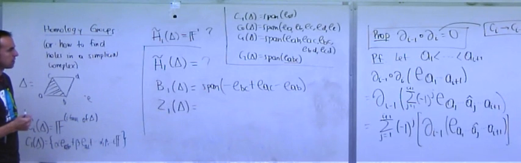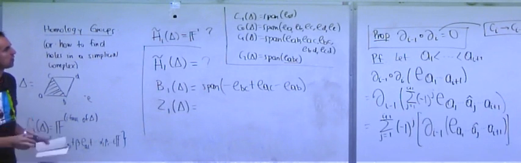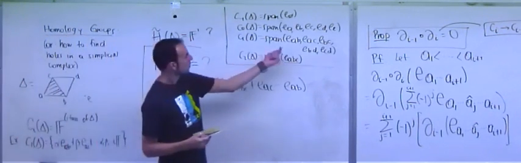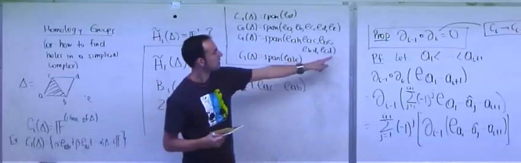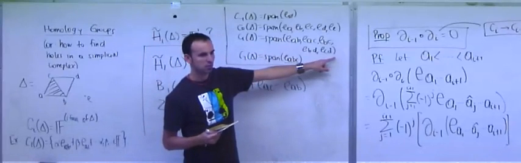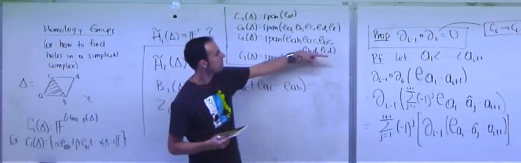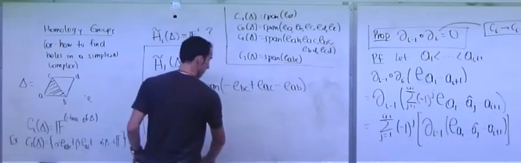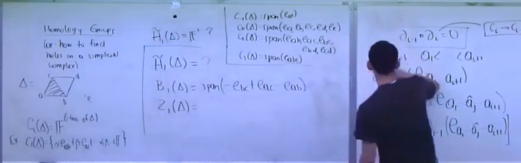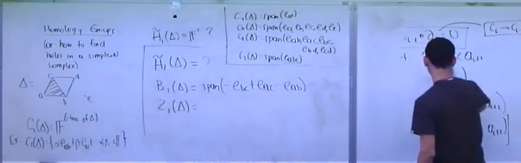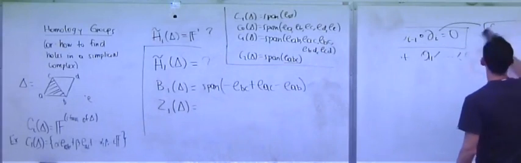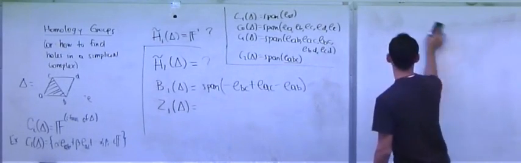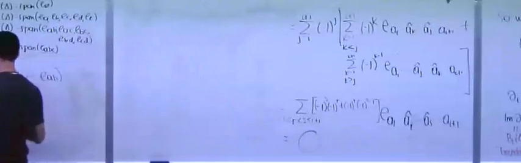Now, Z1 of delta is a little bit trickier because what we have to do is look for all the things that live in this space, right? They're combinations of edges, such that when I take the boundary of that thing, I get 0. So what does this look like?